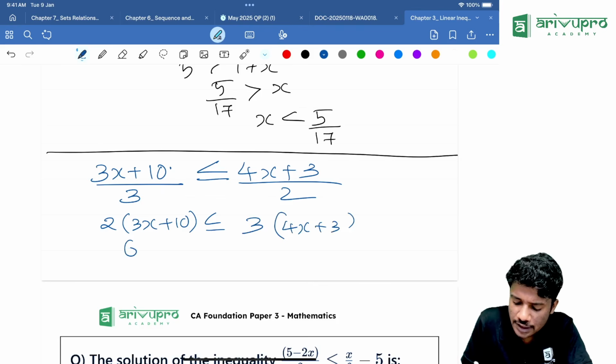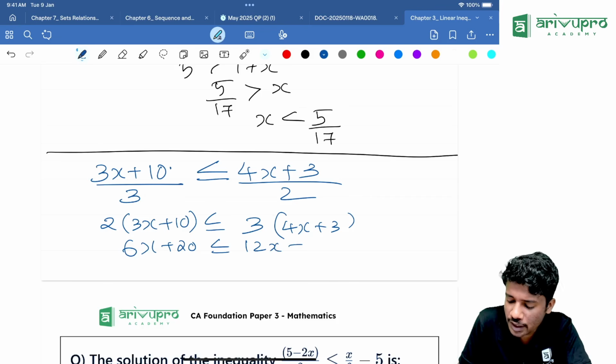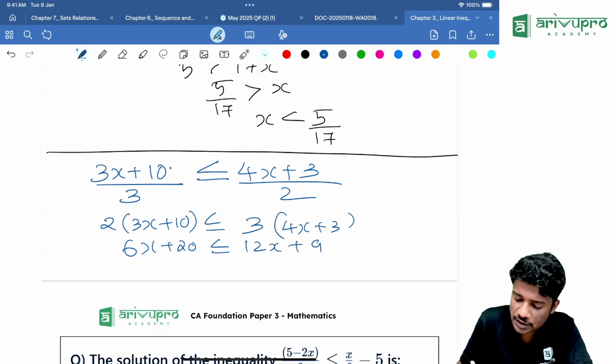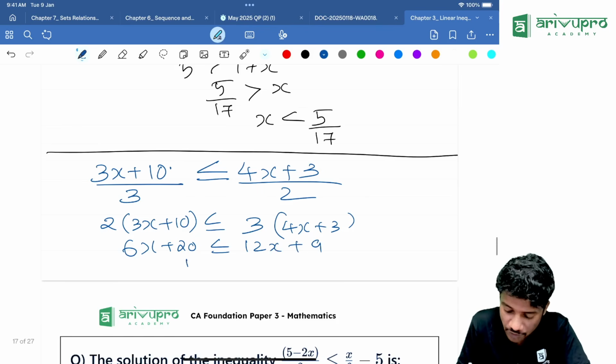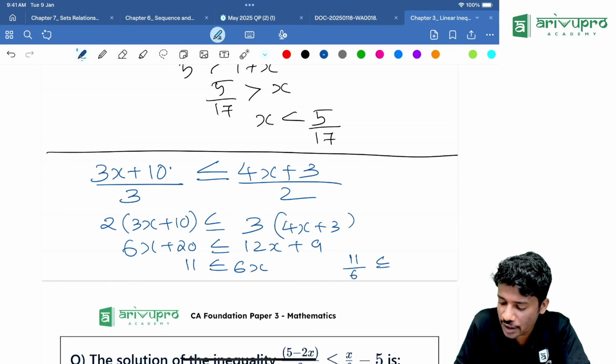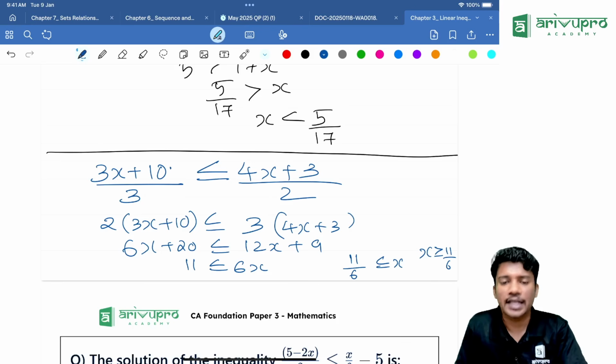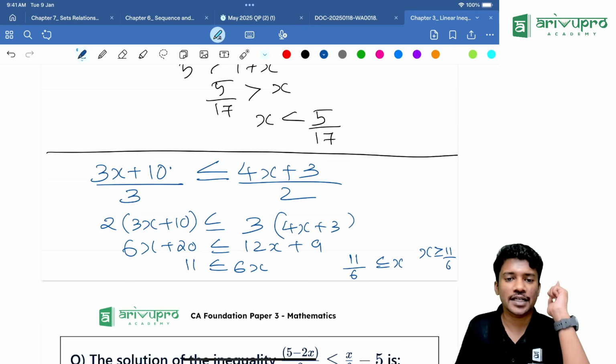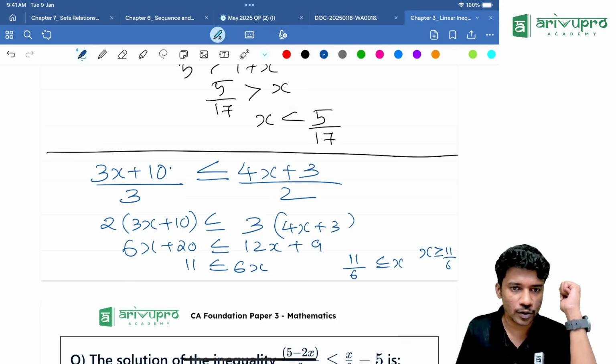That is 6x plus 20 less than or equal to 12x plus 9. Take 6x to the other side, 9 to this side. It will become 11 less than or equal to 6x. So 11 by 6 is less than or equal to x. That means x is greater than or equal to 11 by 6. Is that clear? Anyone having doubt?